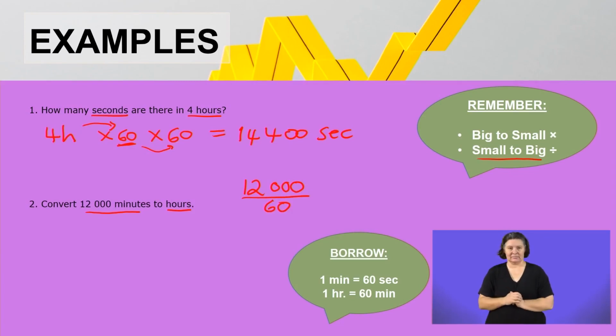All right? So if I type that in, 12,000 divided by 60, I get an answer of 200. So 200, and that's hours. Okay. So I hope that is clear. I converted from minutes to hours. So again, that's from small to big, and therefore I divided. What is the conversion factor? Conversion factor is 60.